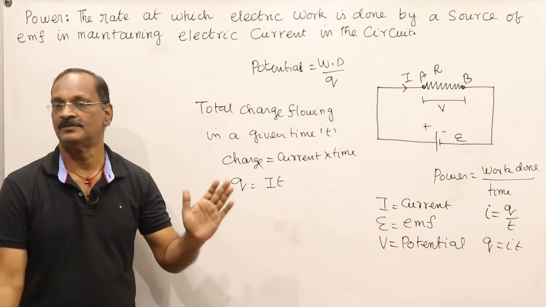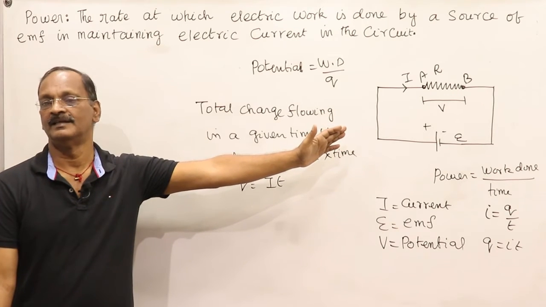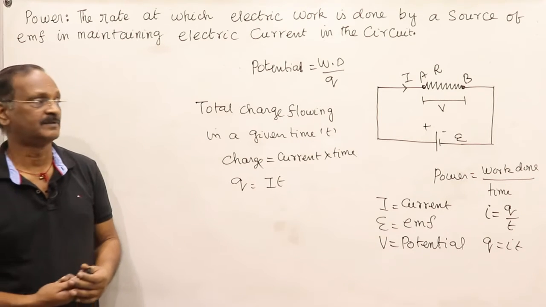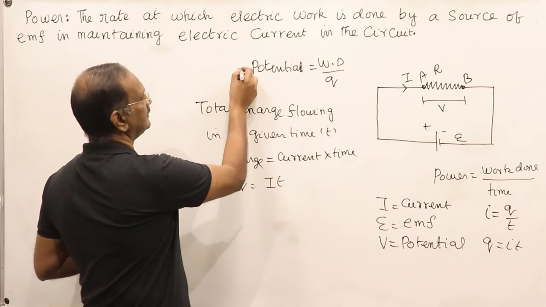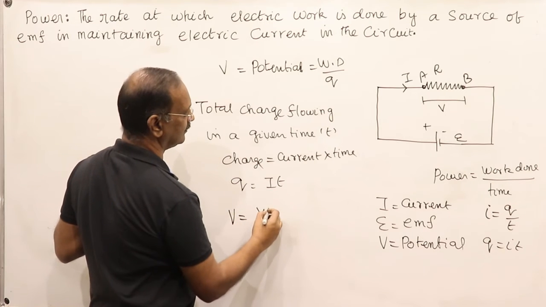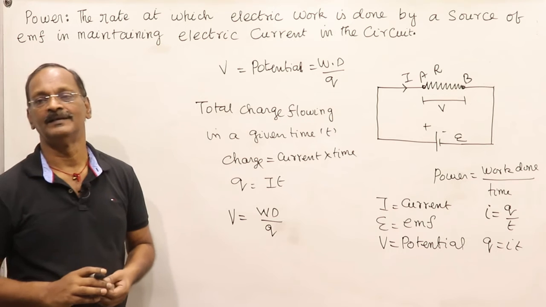The total charge flowing from A to B of the conductor in time t is this much. What is the potential difference? Potential difference V is equal to work done per charge.